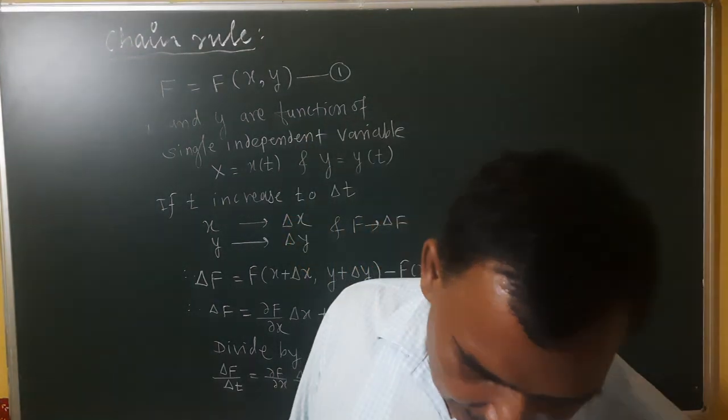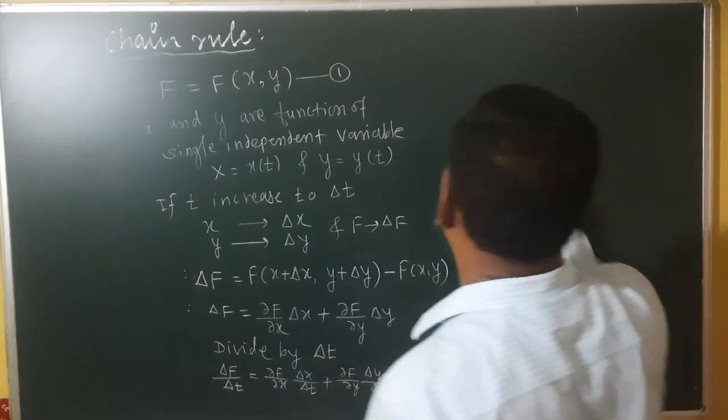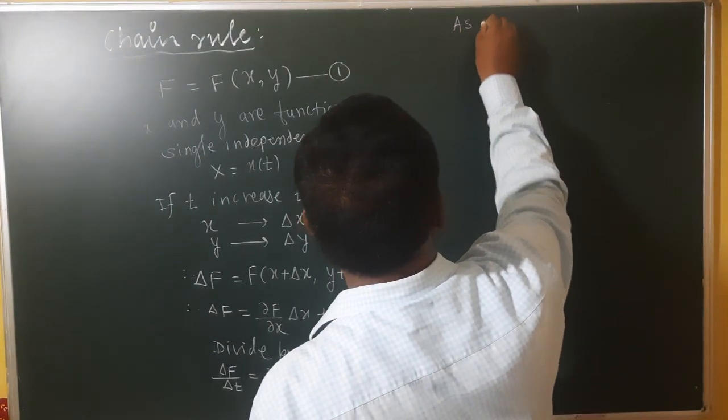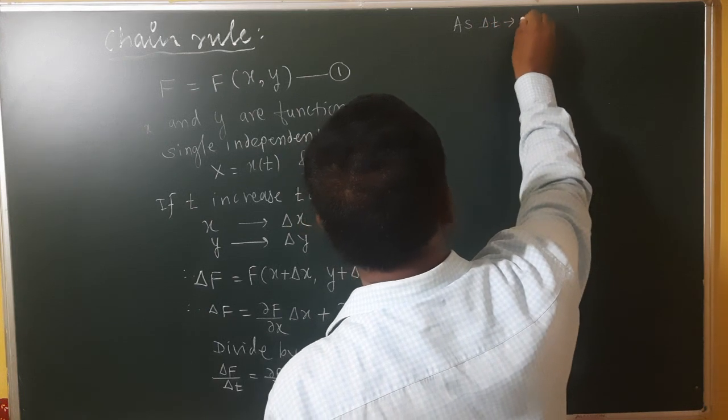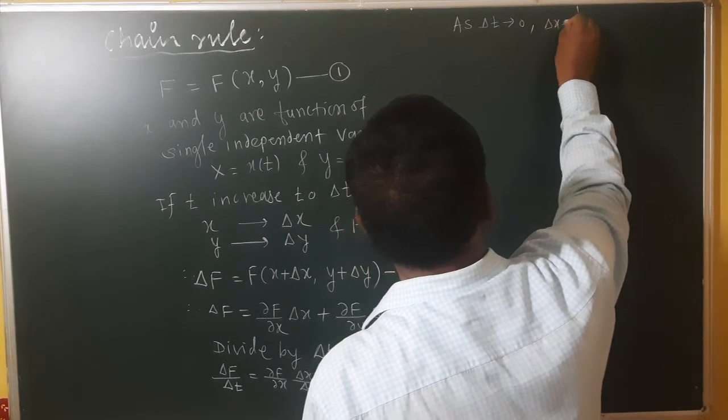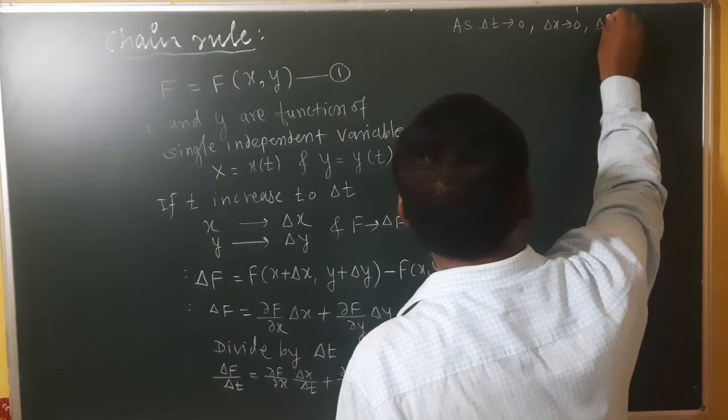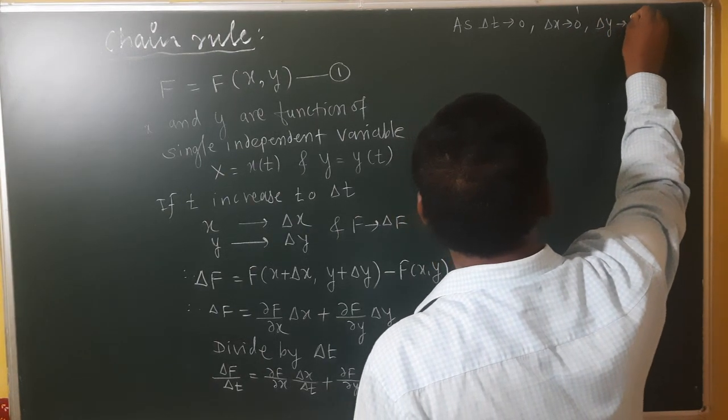Now we have to take the limit as delta t tends to 0, delta x tends to 0, delta y tends to 0.